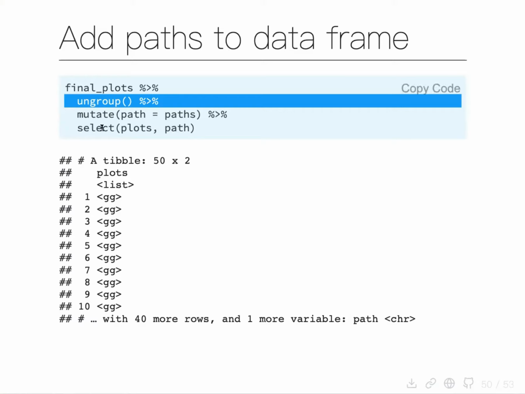So I have to ungroup it first, and then I'm creating a new column here that I'm calling path, which is going to be the paths that I just created. Then I'm going to just select plots and path. Notice the path is so big here that it's just being cut off, but here's all our plots, and the path is there.